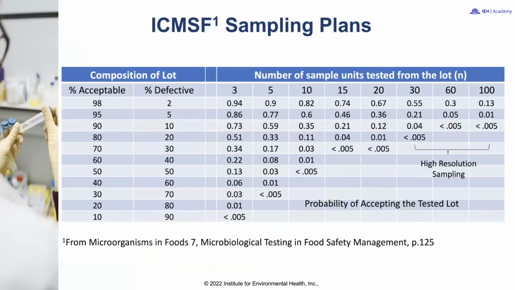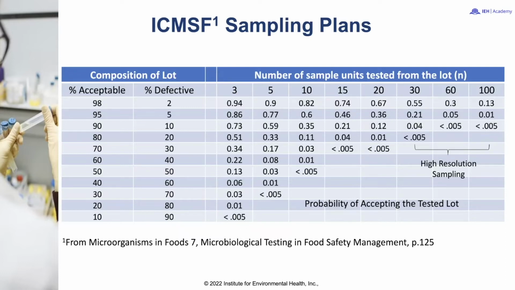To those of you who've ever read any of the very good ICMSF books on microorganisms in foods, this is an often reproduced table that shows you the effect of increasing the number of sample units from a lot on your probability of detecting a lot that is truly contaminated. And this again assumes that the microorganisms are normally distributed, following that bell curve distribution in your lot.